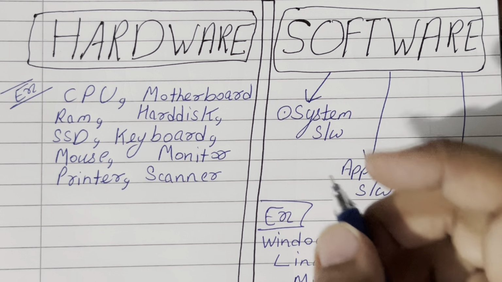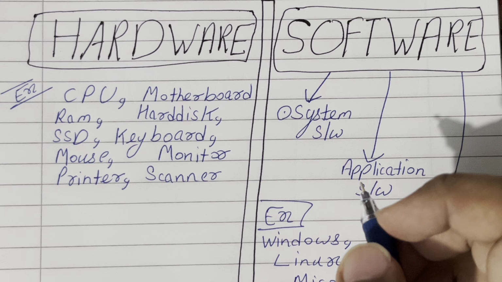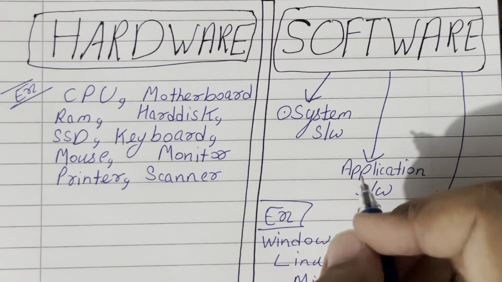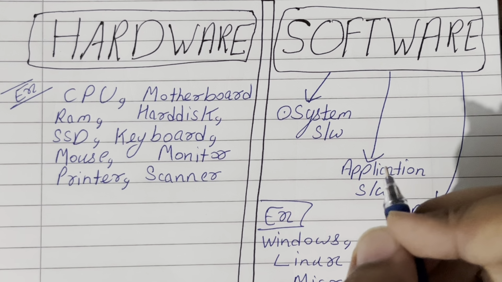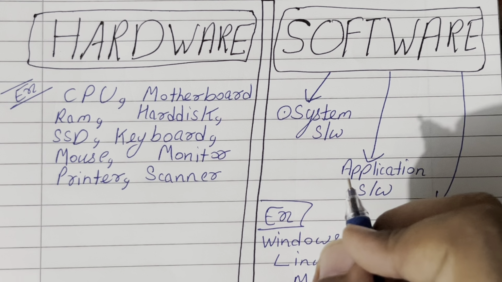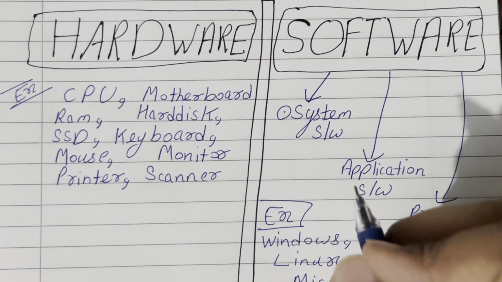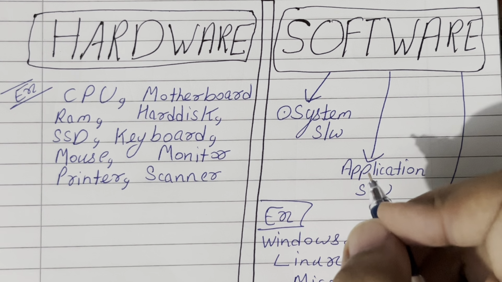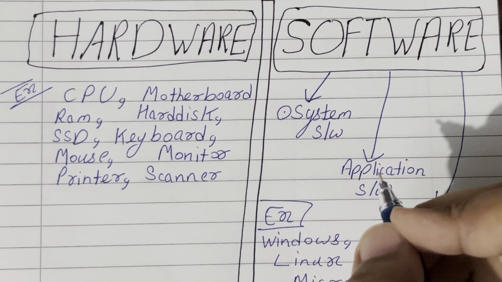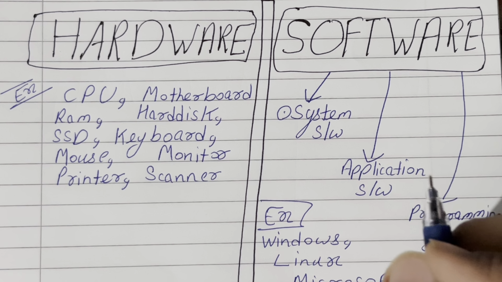Hardware forms the physical structure of a computer, and it includes electronic, electrical, and mechanical components which help the computer to accept input, process data, store information, produce output, and finally communicate with other devices.